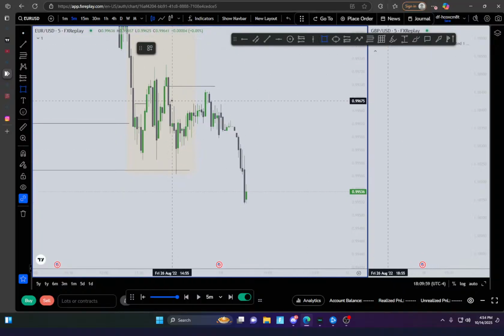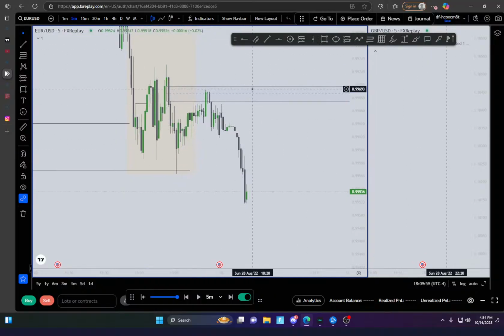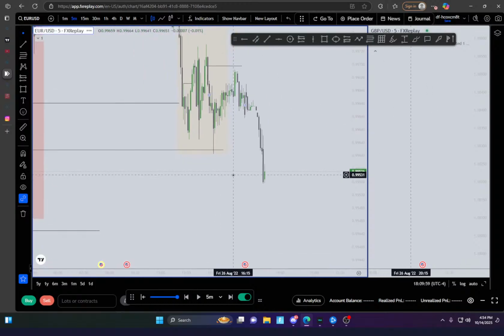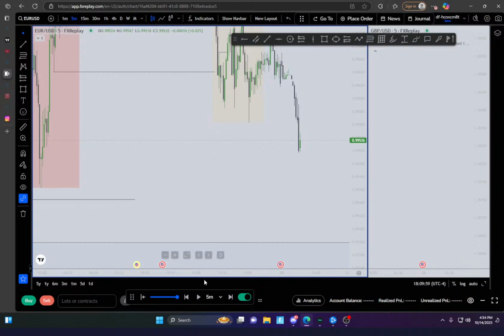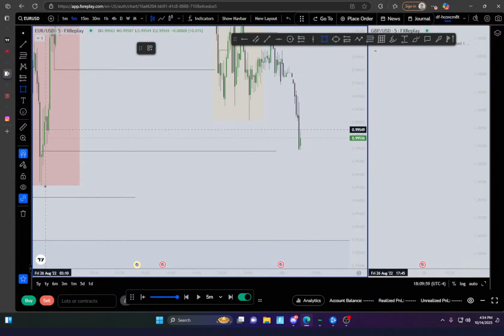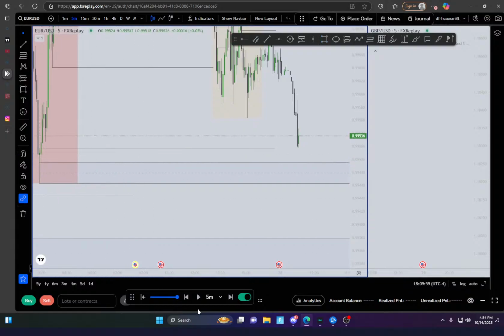But we did hit 50% of this. Alright, cool beans. And then now we have continuation lower. Then we have this inefficiency that we need to fill. So let's just do 50% of this whole wick.